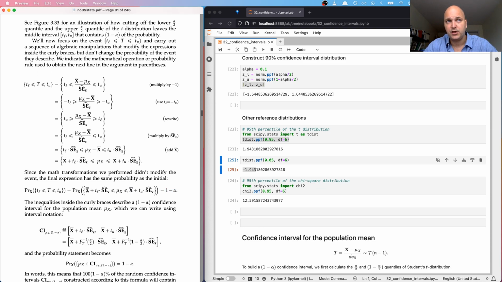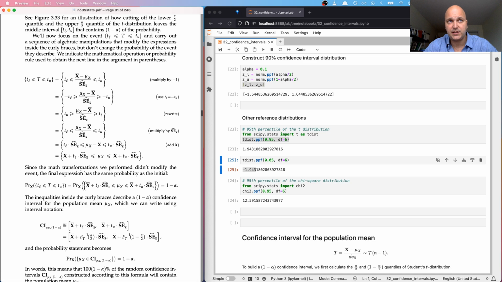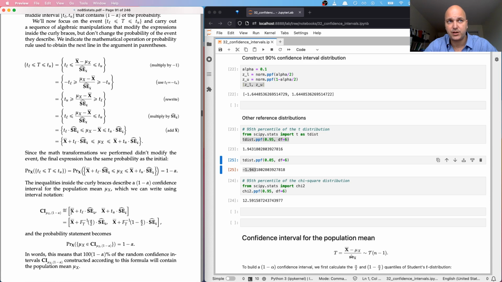Okay, so let's look at it a little bit more closely. This event, we're just going to extract the limits of it. If you take the sample mean, and this is, remember, a number like minus 1.6, some multiple, but a negative number.